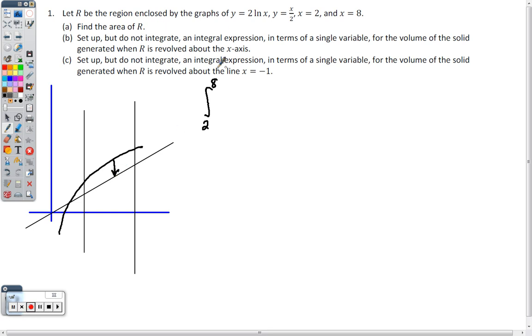And so that should be pretty clear for us. 2 natural log of x is the top curve, minus x over 2 is the bottom curve, dx. So pretty straightforward problem here, and we're going to plug this into our calculators.